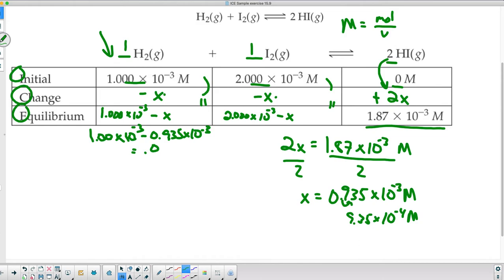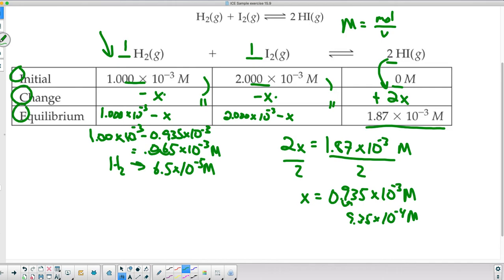So that looks like it's going to be 0.065 times 10 to the negative third concentration. Okay, that would be 6.5 times 10 to the negative fifth when I move the decimal place over two places. That's what our equilibrium H2 concentration is.